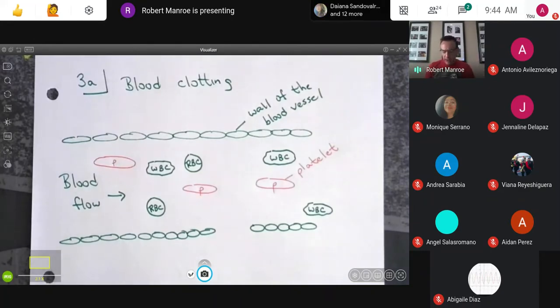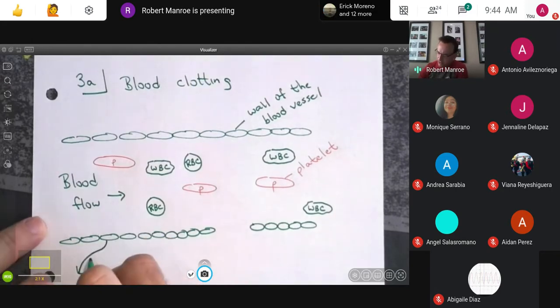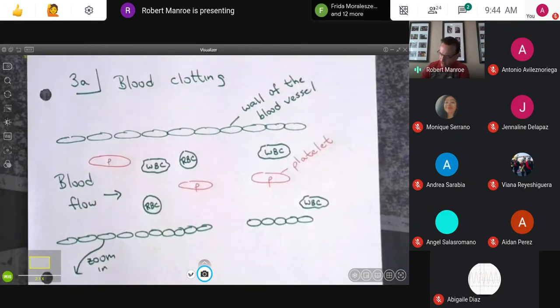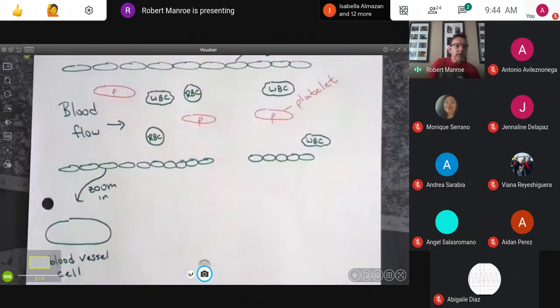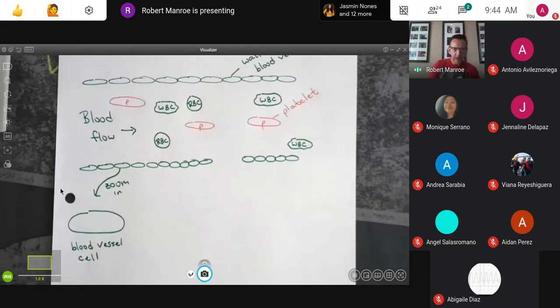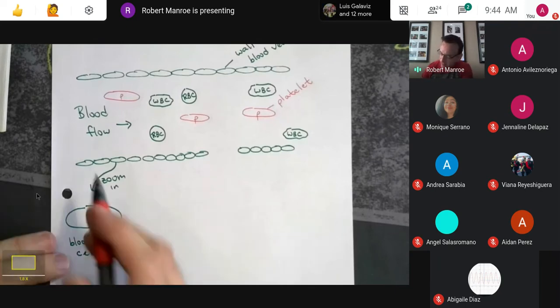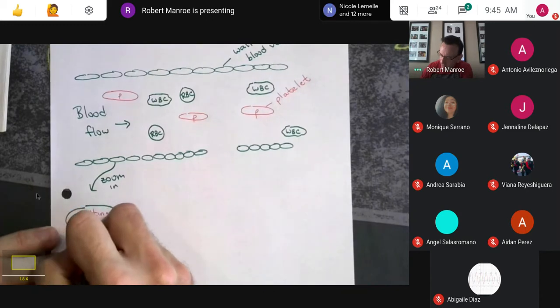Now, floating around in the cytoplasm of all blood cells, if we were to zoom in on the cell that makes up the wall of the blood vessel, are proteins called clotting factors.